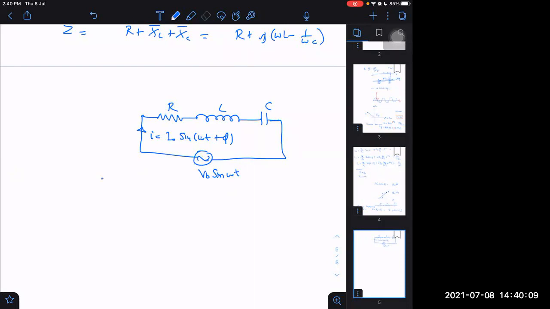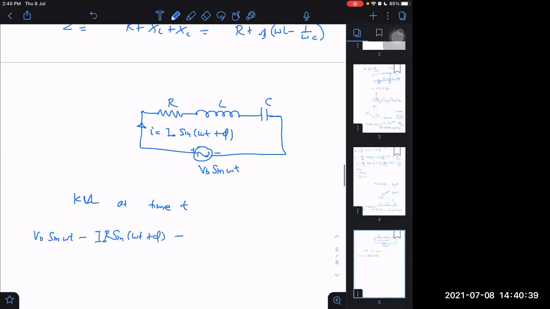I get the equation at any instant. What will be the equation? Write the equation of KVL at time t. We can apply KVL at a particular time. We will write V naught sine omega t minus I naught sine omega t plus phi into R, minus L into di by dt.